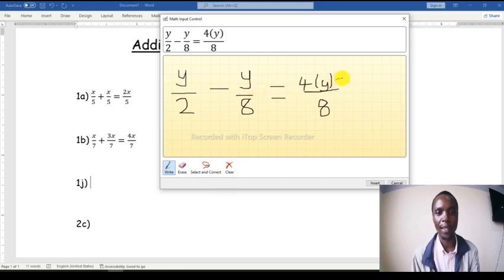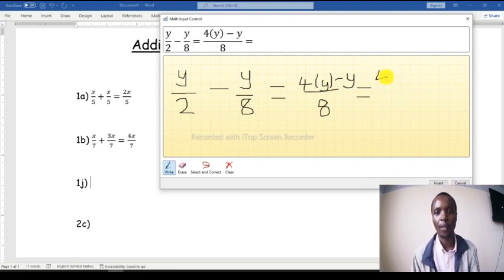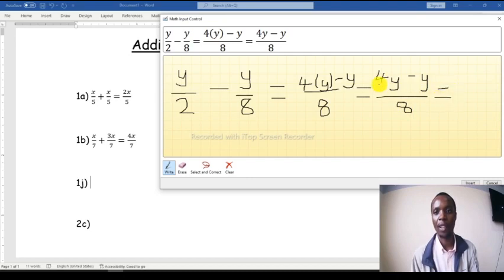We maintain this minus, and then 8 into 8, that's 1. 1 times y is simply y. So it is the same as saying 4y minus y, which we could have done simply in the first step. And then 4y minus 1y is equal to 3y, and the denominator remains 8.